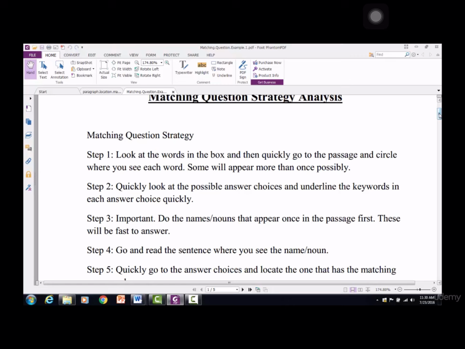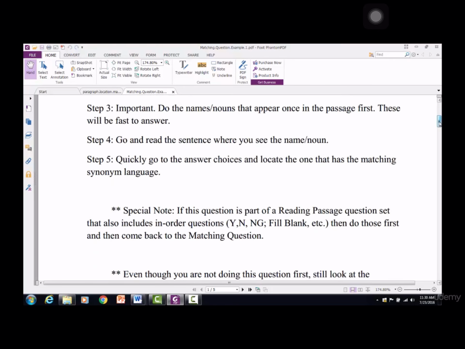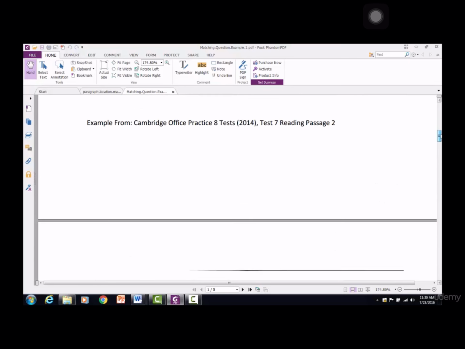And the key thing you have to do is read the sentence where you see the word in the box, and then pick which one of the questions has the matching language. Right? It's all about your ability to match and pick synonym language, and that's what we're doing here. So the better you're able to do that, the more successful you're going to be when doing these types of questions.